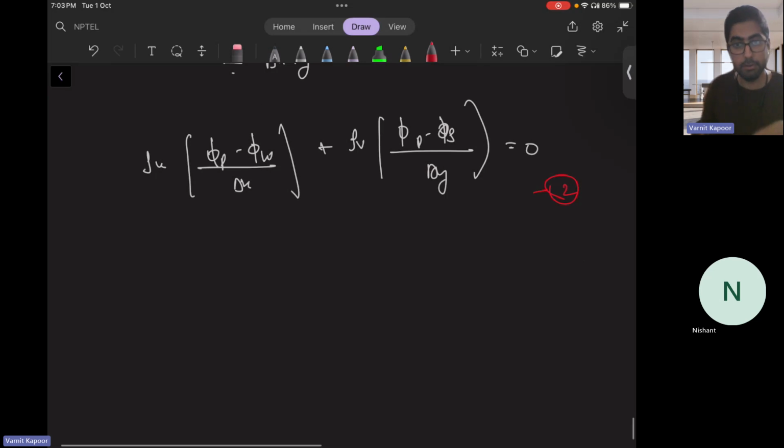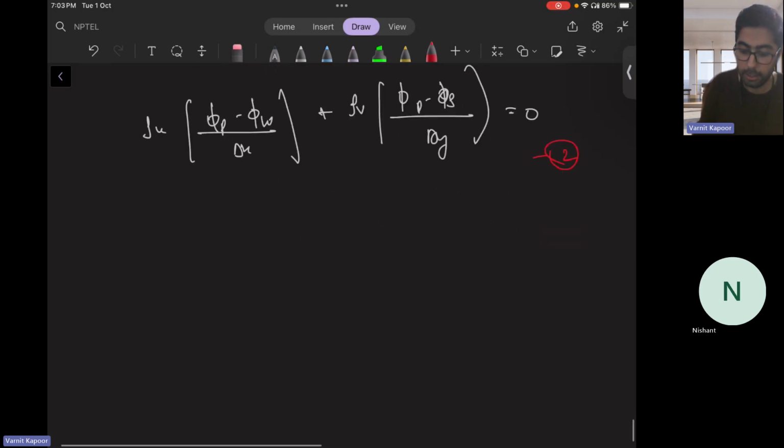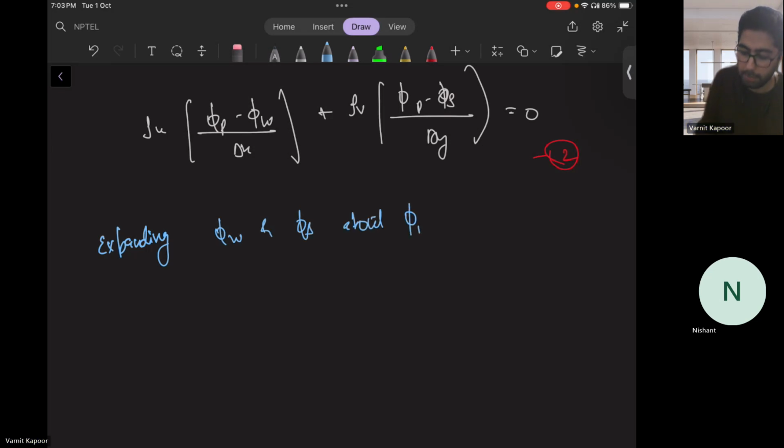You need to have phi W and phi S about phi P. Let's expand because we don't know these values. So expand phi W and phi S about phi P using Taylor series.